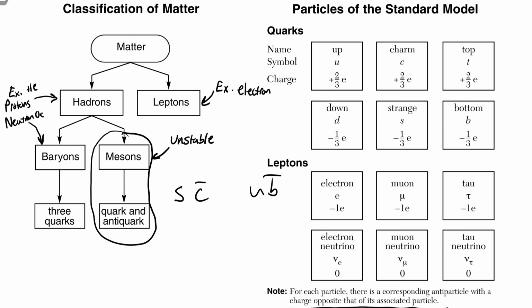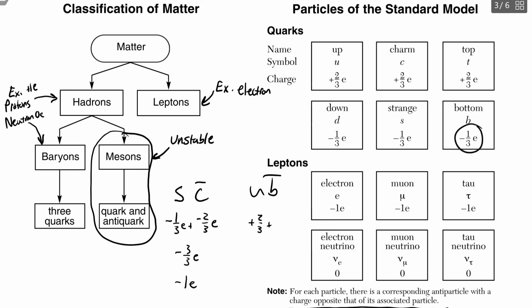So for strange, that's going to be -1/3 e plus an anti-charm. So this is the charm, and anti-charm is negative 2/3 e. So that's looking pretty good. Negative 1/3 plus negative 2/3 is negative 3/3 e, which is equal to negative 1 e. So that's the charge for this. Oh, but did they say positive or negative? Let's see. So an up is positive 2/3 plus an anti-bottom.